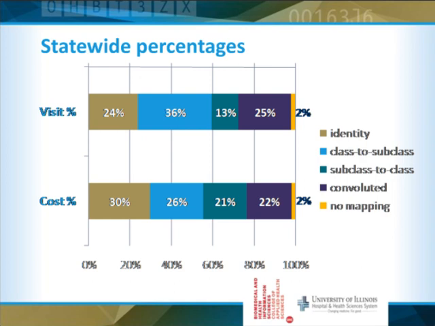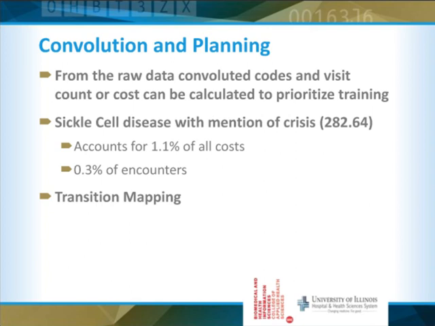However, a quarter of your visits and 22% of your cost are convoluted. I'm not saying you can't run reports. You just have to spend time and drill down to why the reports are convoluted, especially if there's gender information, or especially if you're using these convoluted codes for individual diagnosis, or trying to order supplies, or trying to manage staff. So these codes get used for lots and lots of things.